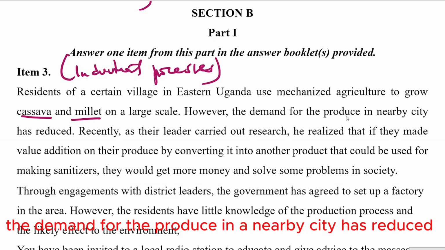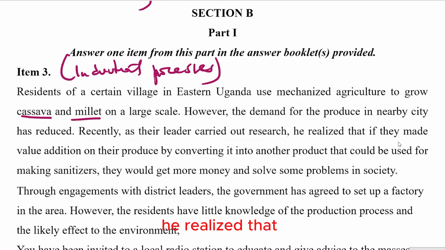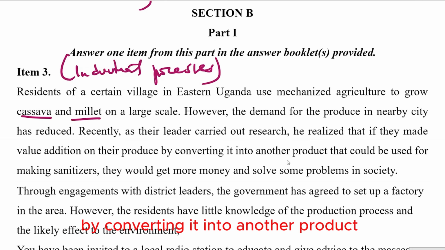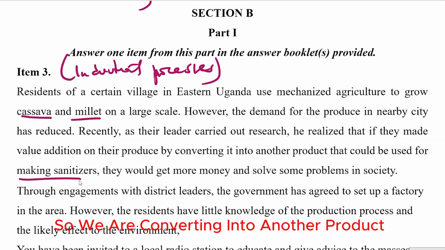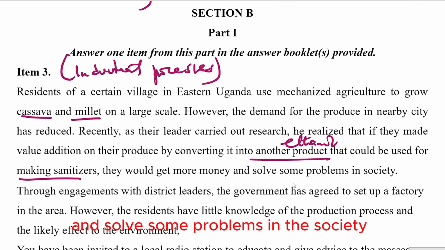However, the demand for the produce in a nearby city has reduced. Recently, as their leader carried out research, he realized that if they made value addition on their produce by converting it into another product that could be used to make sanitizers, so we are converting it to another product, of course that will be ethanol, they would get more money and solve some problems in the society.